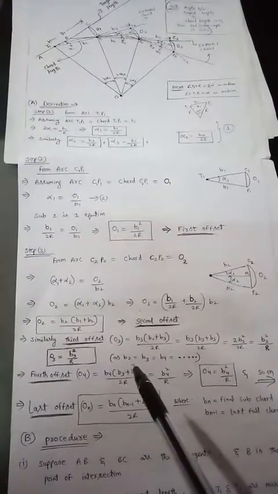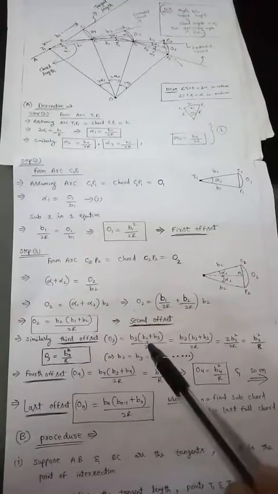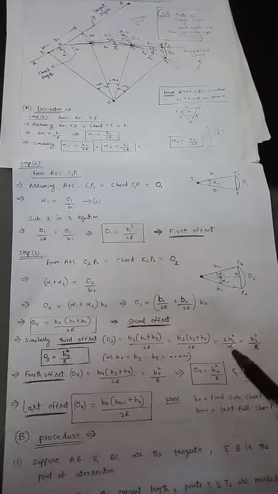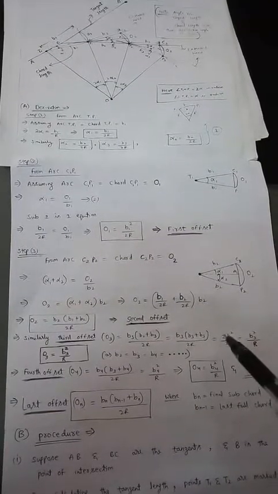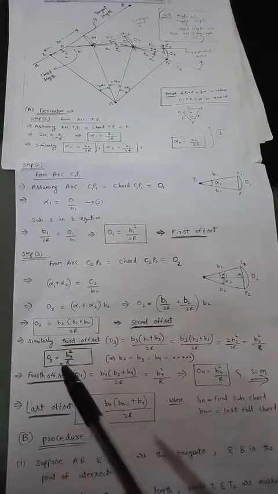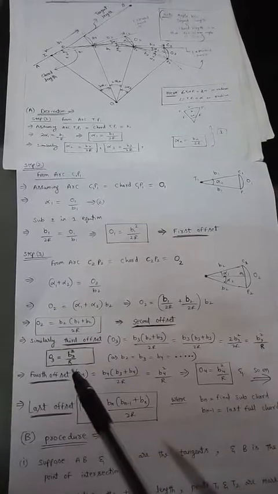That is why we wrote B2 equal to B3 equal to B4 and so on. After solving, 2 B3 square by 2R, we will get O3 equal to B3 square by R.